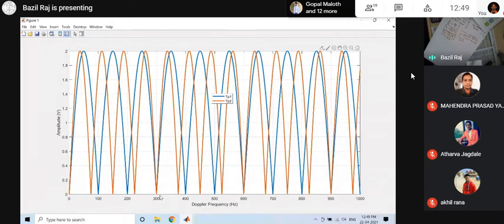Alternatively, if the target has a 75 Hz Doppler, it cannot be detected by FP2, but it can be detected by FP1. So the 100 Hz blind speed and the 75 Hz blind speed are made null and void. One will be picked up by the other PRF, and vice versa.